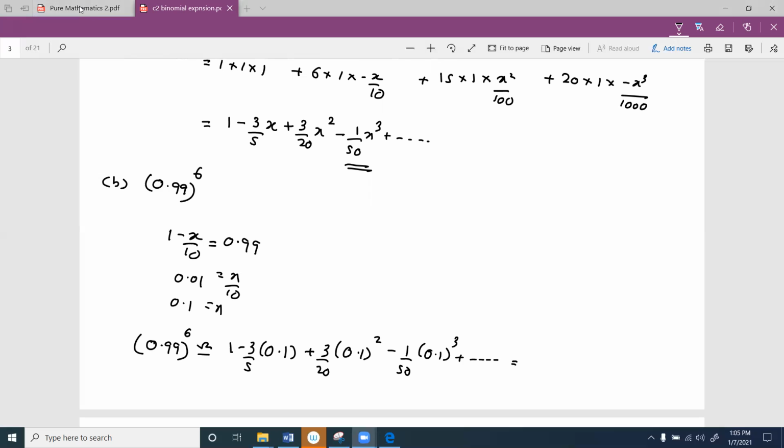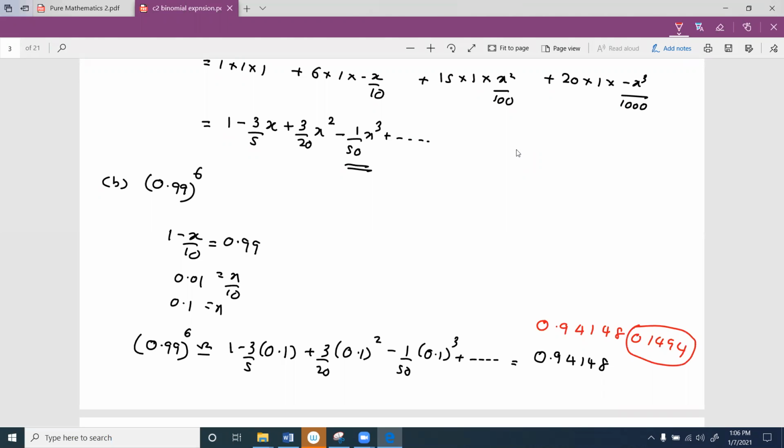Then you get the answer 0.949148. If you work out the exact answer for 0.99 to the power 6, I'll write it in a different color. The exact answer is 0.9414801494. Only this part is missing. This is quite a small error.